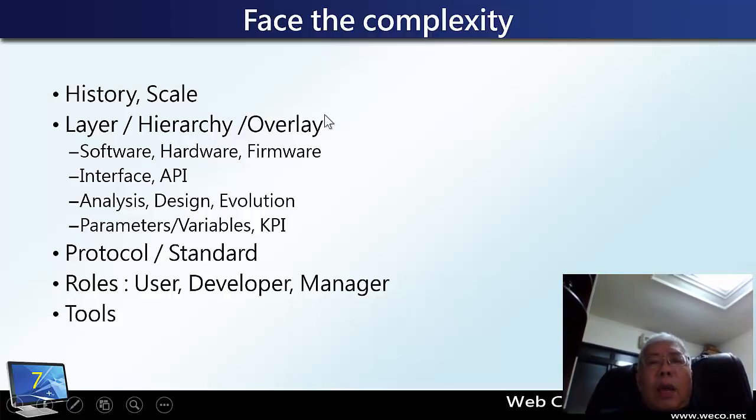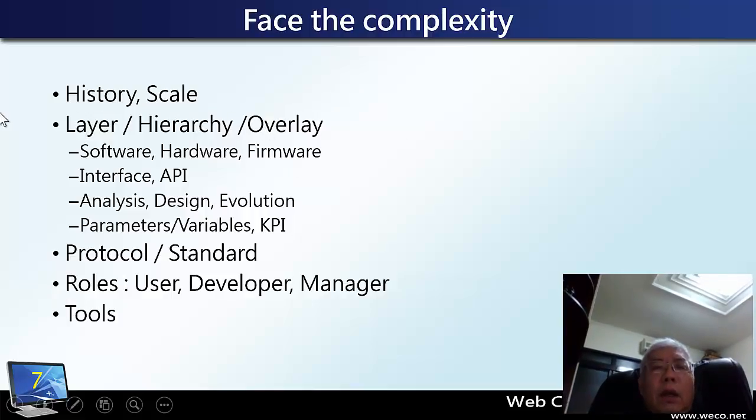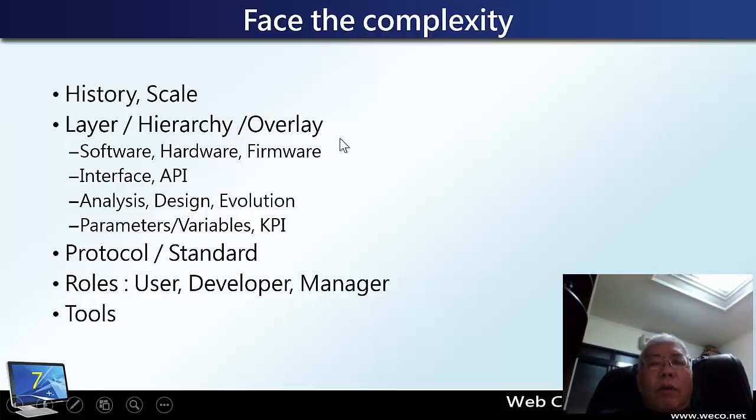Okay, or we have a network on top of the other network that we call overlay, and this layering, hierarchical and overlay concept applies to software or hardware or firmware. Okay, and in between the layers, we have to have an interface between the neighboring layers and use an API to access the data or access the resource from the under layer.